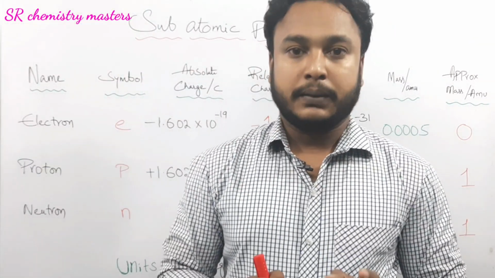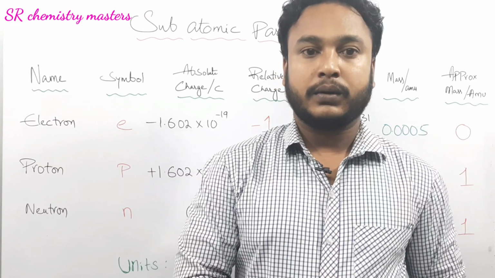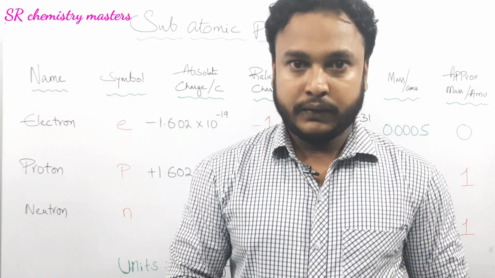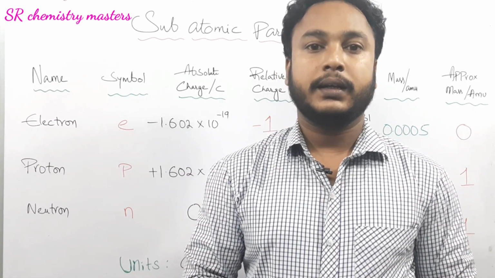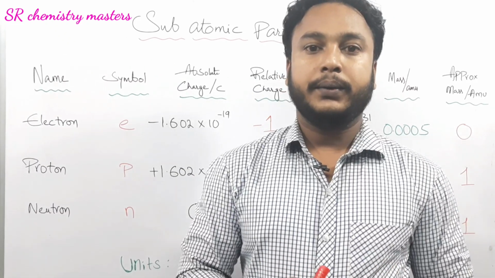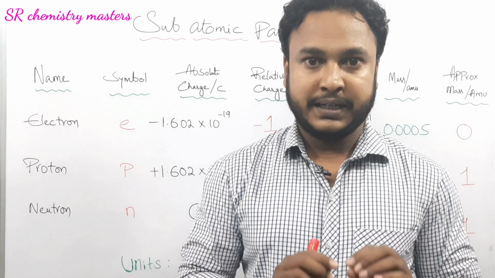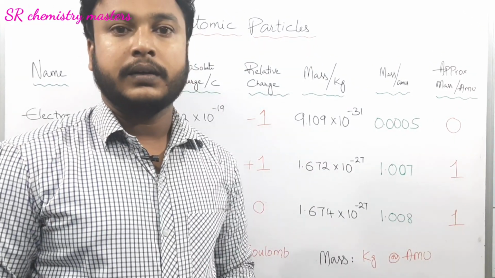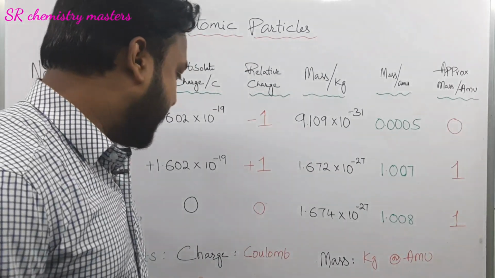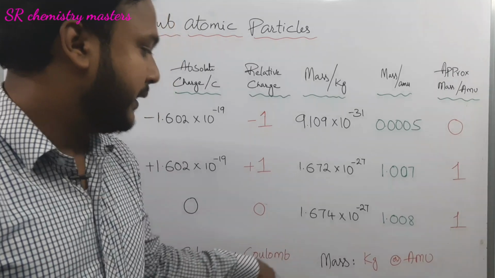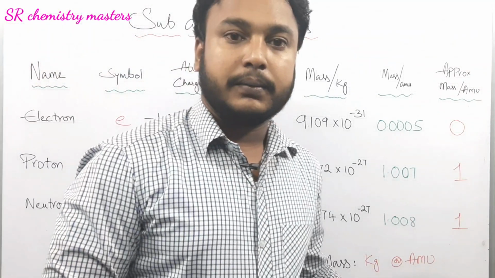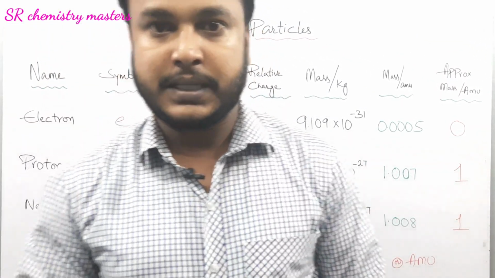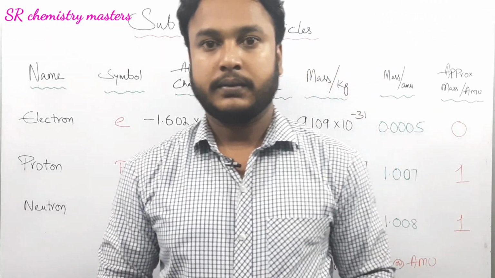Remember, in terms of charges, proton and electrons are with equal value and opposite sign, and in terms of mass, proton and neutron are approximately the same. When it comes to the units, remember the unit of charge is coulomb and the unit of mass is measured in terms of kilograms or atomic mass unit.